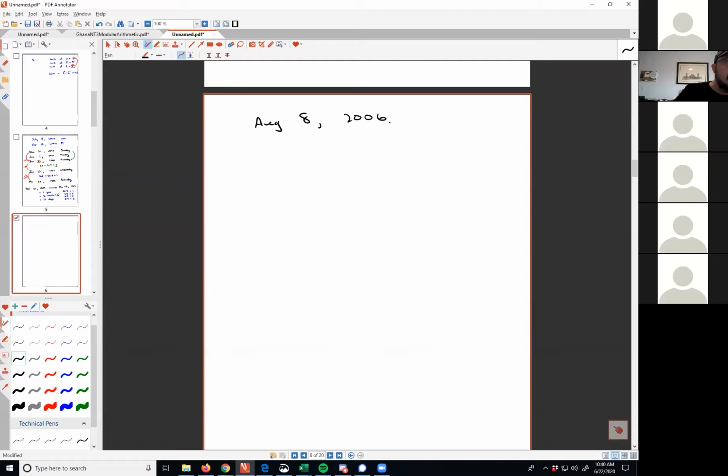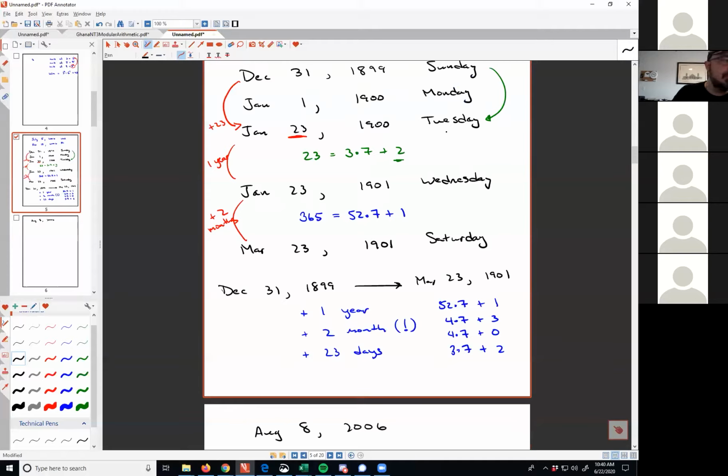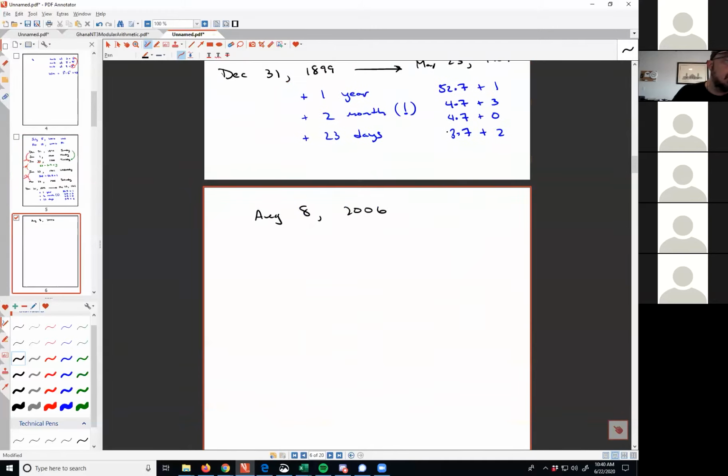How many years do we go forward? 107 years. But we're actually not going to go the full 107 years, are we? No, it's going to be 106 complete years. So we're going to go for the first 7 months, first 8 days, and 106 years.